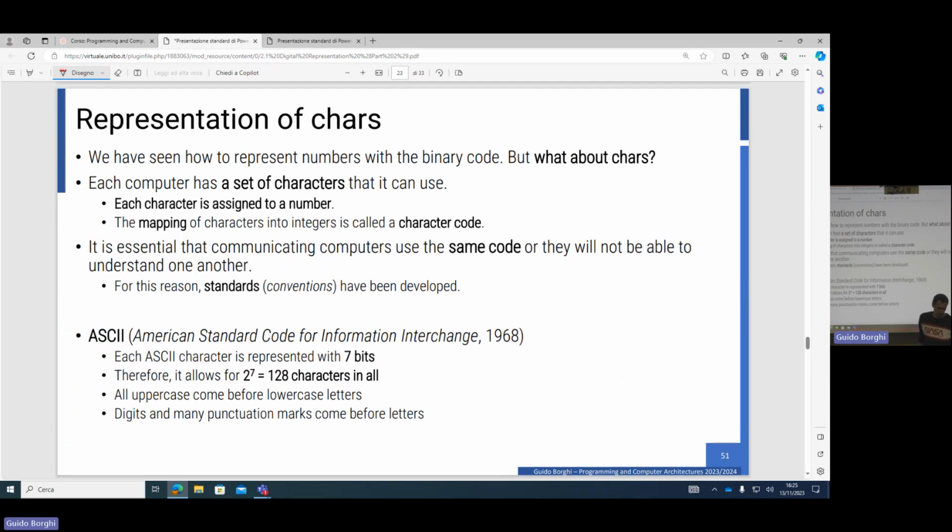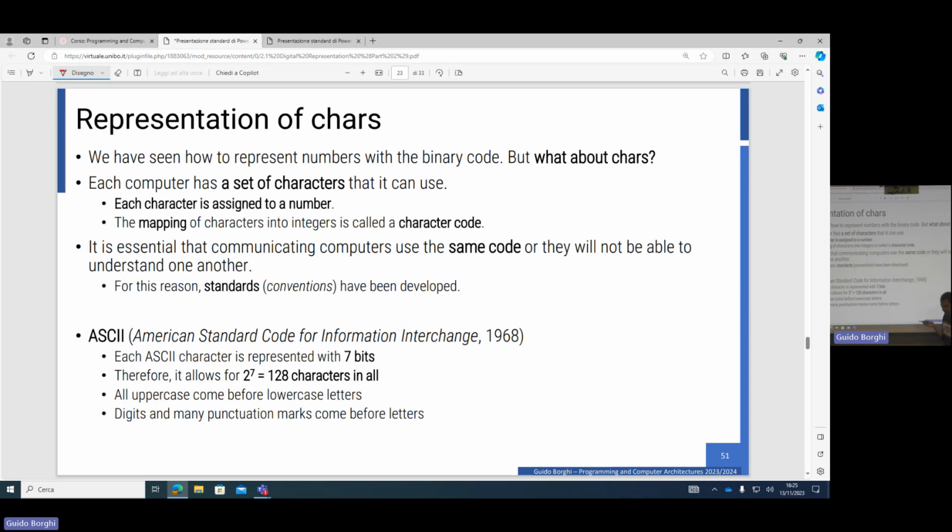So we start from characters. Each computer has a set of different characters that it can use. Also in your computer, you have a specific set of characters that you can use. The important element to know is that each character is assigned to a number.